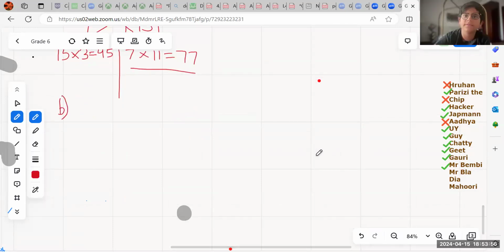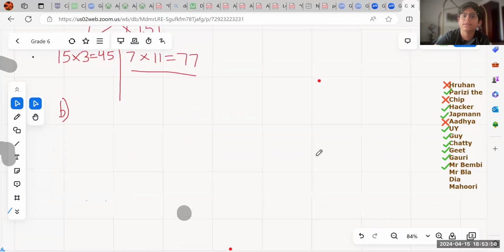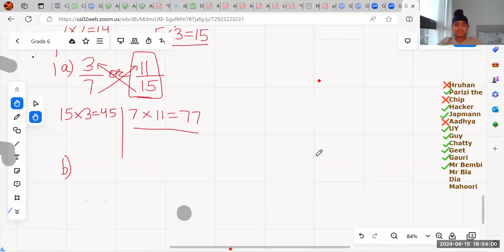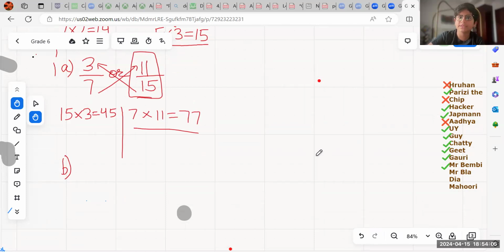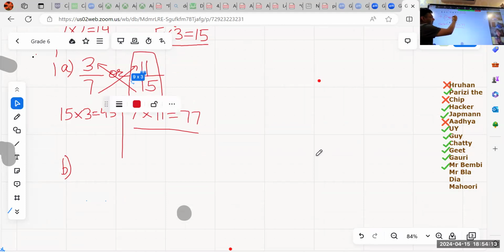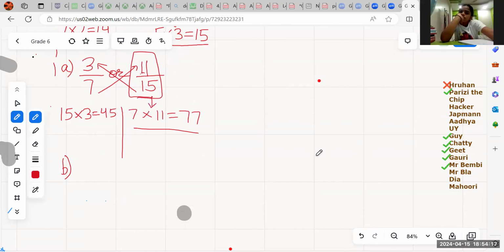Sir, but isn't 3 by 7 bigger because it is multiplying with 7 and the other is multiplying with 11? Beta, we don't see that. We just see 7 यहाँ पे आया ना. So this will become 77 here. Oh, okay, got it. 77 is greater than 45.